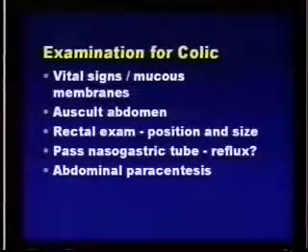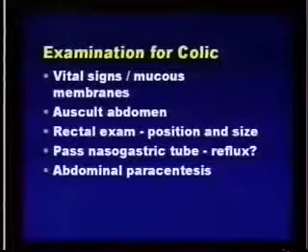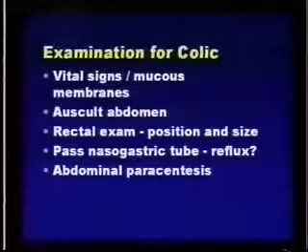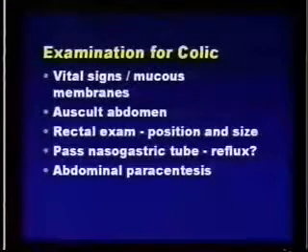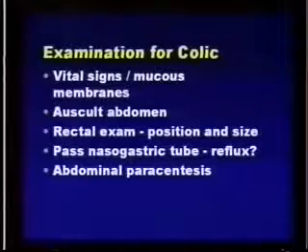And if you do, that's an indication to you that there's either an obstruction of the small intestine or at least an ileus of the small intestine. And so it would not be useful to administer any medication through the stomach tube, because it's just going to sit in the stomach and probably add to the horse's discomfort.